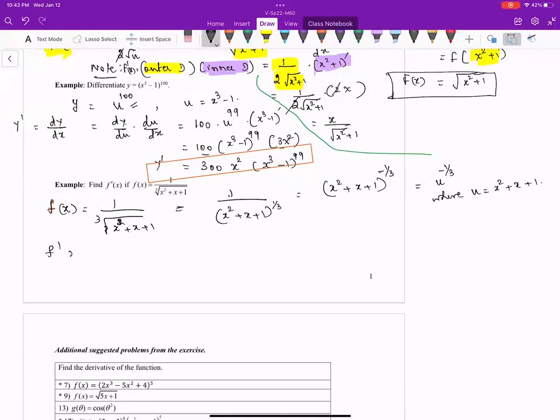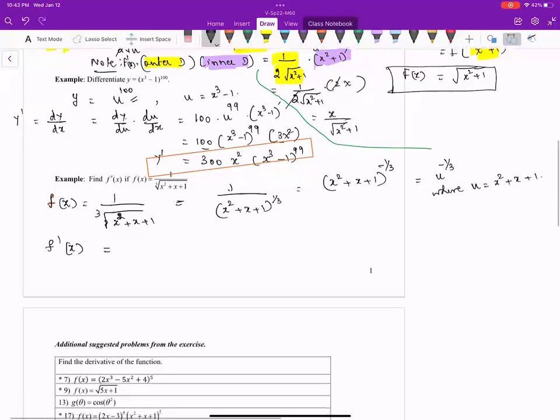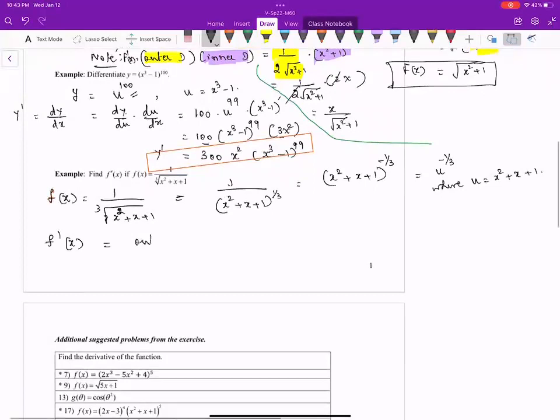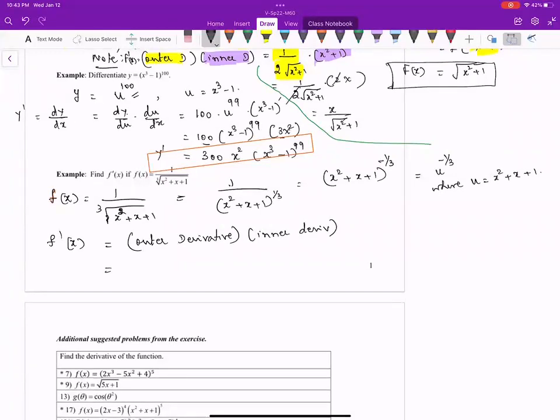So what is the derivative by chain rule? Outer derivative times inner derivative, which is, in other words, dy by du times du by dx.